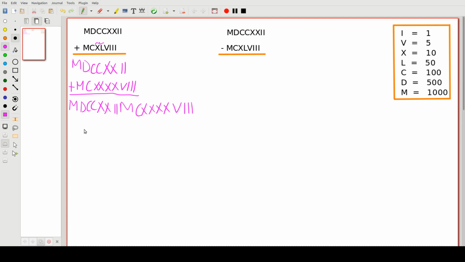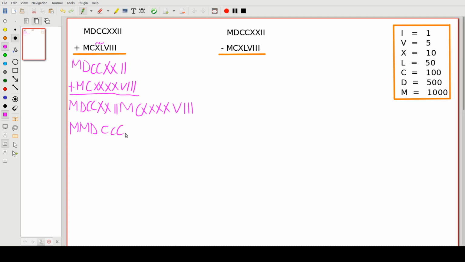Okay. Let's do one more step of simplification and just write this in order now, highest to lowest. We look at M's first, the highest number. There are 2 of them. So we go MM. Then we look at the D's. How many D's are there? 1. We can do the same for C's. 1, 2, 3.